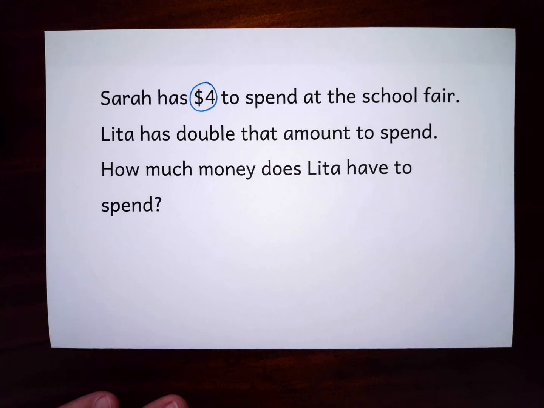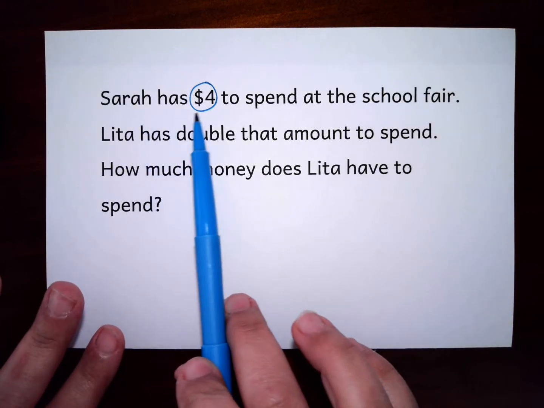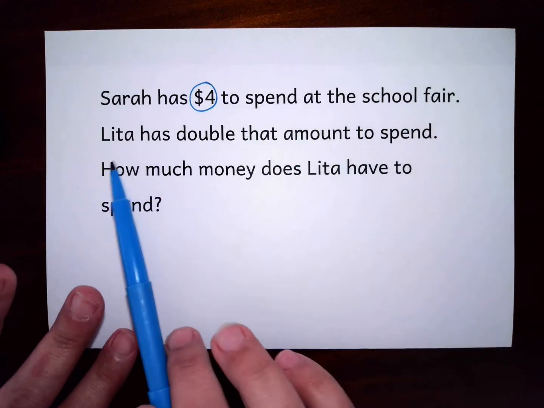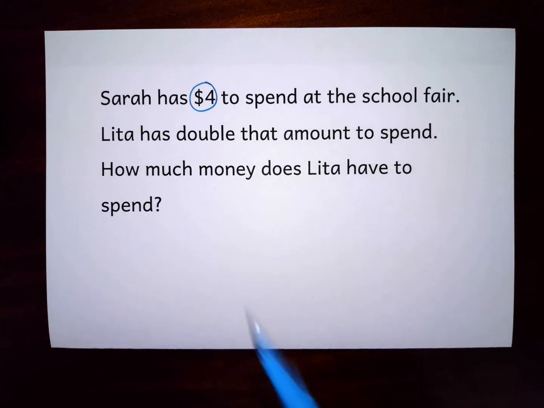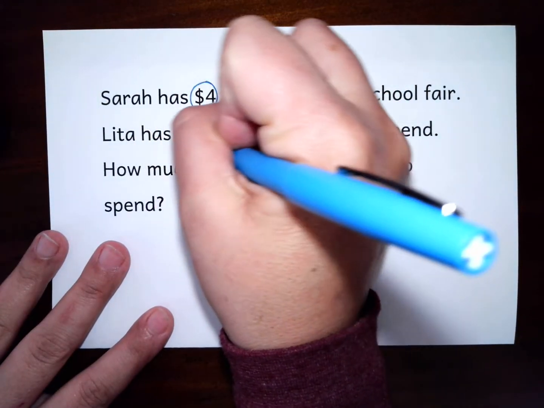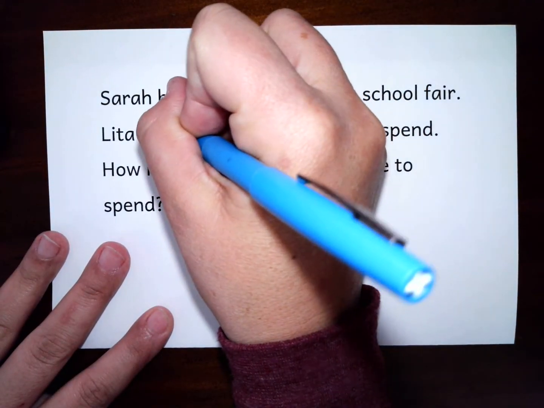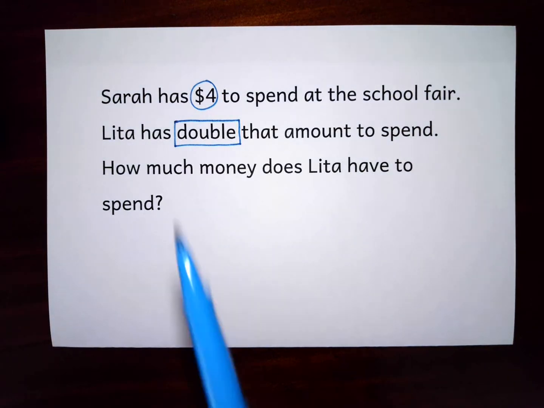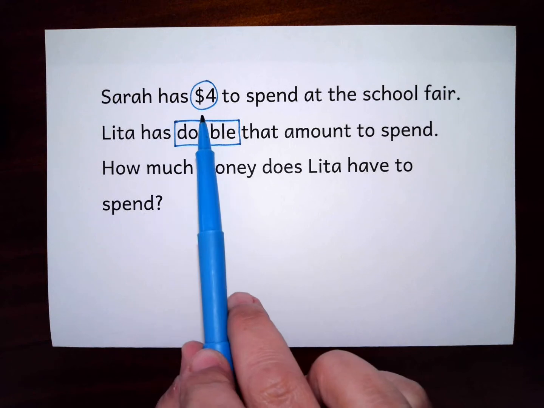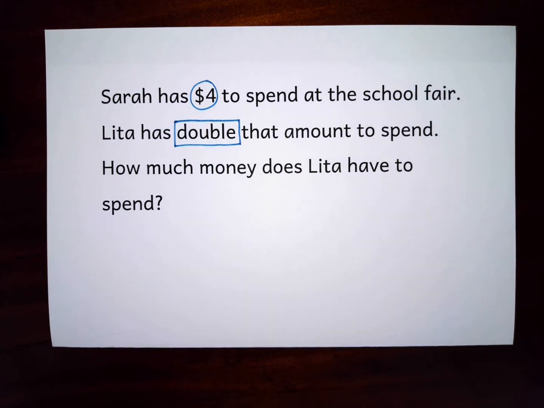I'm going to go back and carefully read to see if there's any clue math words in here to help me. It says Sarah has $4 to spend at the school fair. Lita has double that amount to spend. Oh, I saw the word double.